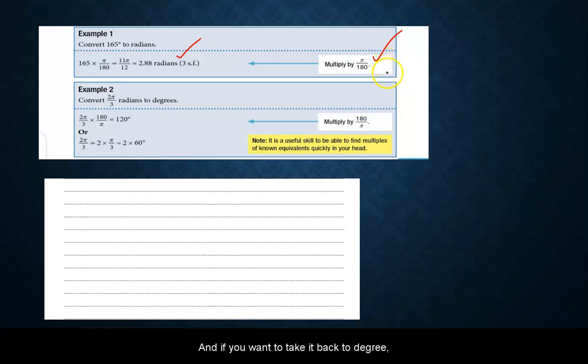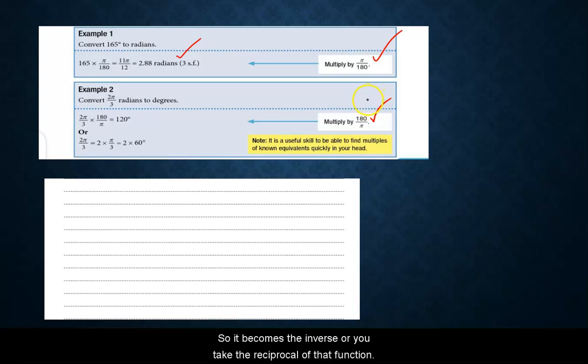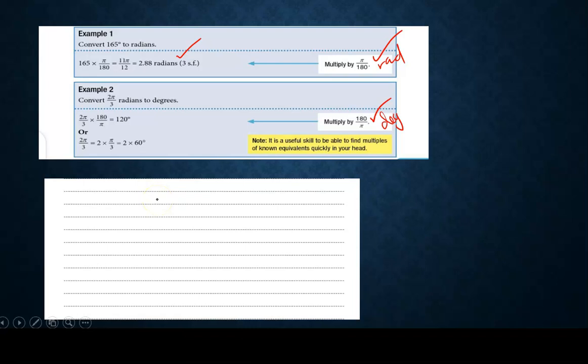And if you want to take it back to degrees, you take 180 divided by pi. So it becomes the inverse, or the reciprocal. Pi over 180 will give you radians, and 180 over pi will give us degrees. So we are going to be manipulating this.